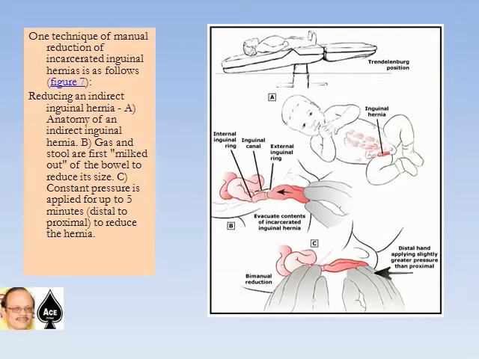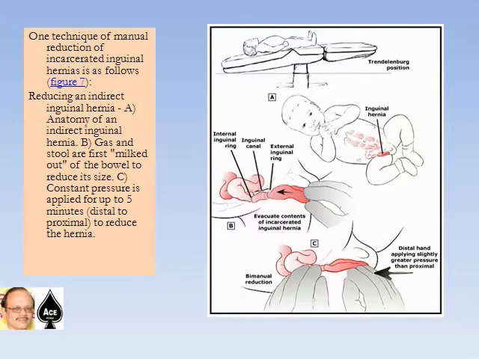In the picture, I am showing one technique of manual reduction of an incarcerated inguinal hernia. Reducing an indirect inguinal hernia. Panel A shows the anatomy of the indirect inguinal hernia.